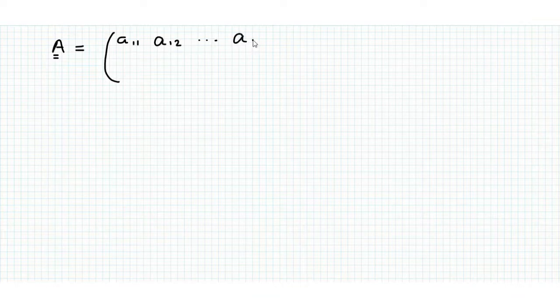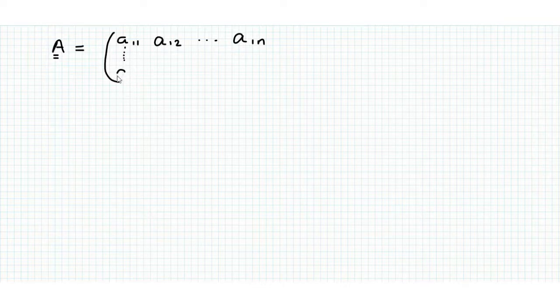If we go to matrix A, and I haven't specified A's size, let's see why in a minute, it's got element A11, A12, all the way up to A1n, where n is the number of columns, and then it's got however many rows.